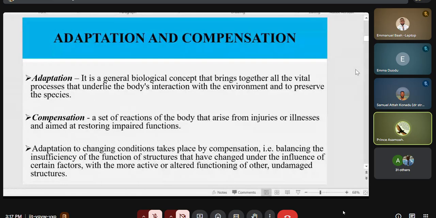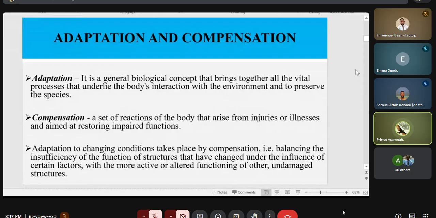So this is the basic difference between the two concepts: cellular adaptation and cellular compensation. Now we are saying that adaptation to changing conditions takes place by compensation.